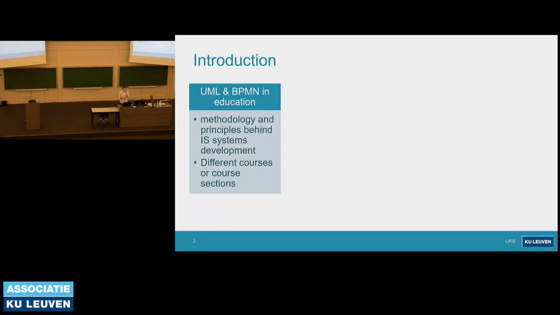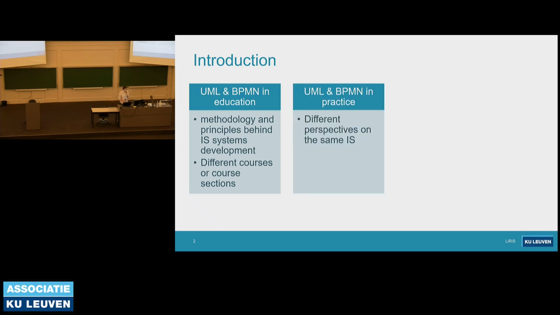And they are taught in different courses or different course sections, typically with exercises that are really tailored towards teaching a certain language or a certain aspect of a modeling language. In contrast, in practice, UML class diagrams and BPMN process models represent different perspectives of the same information system.